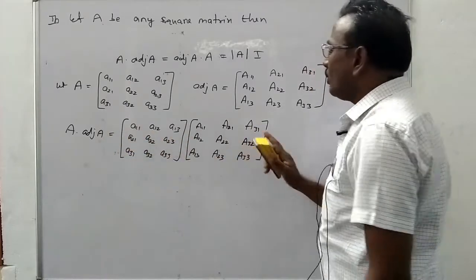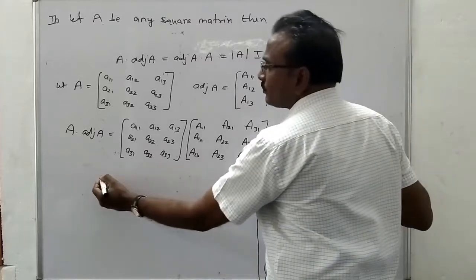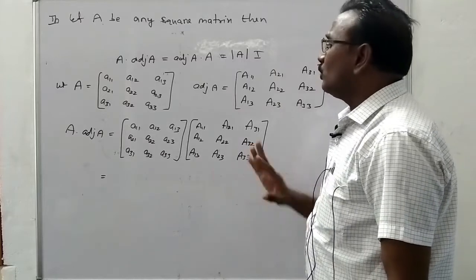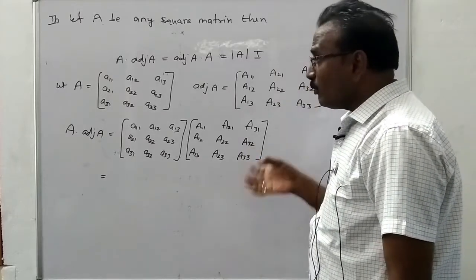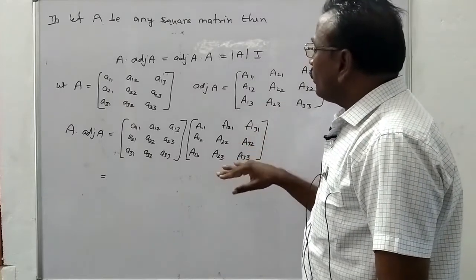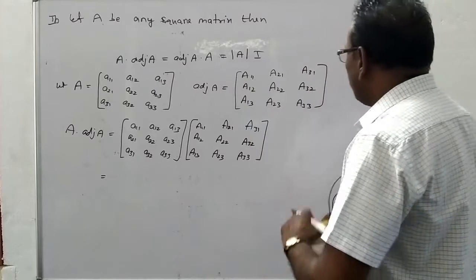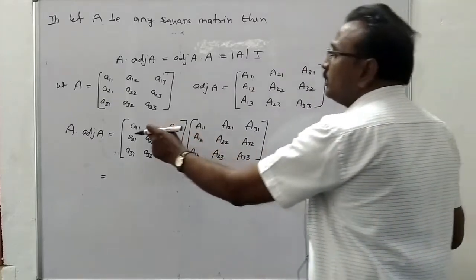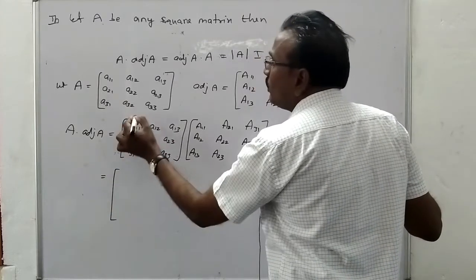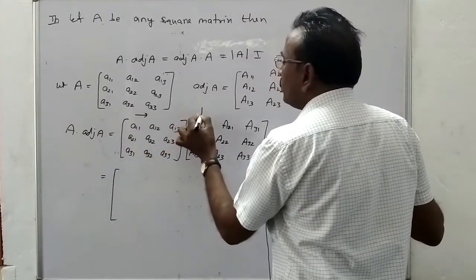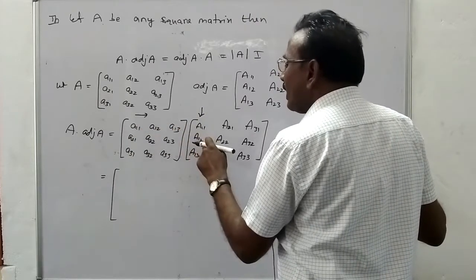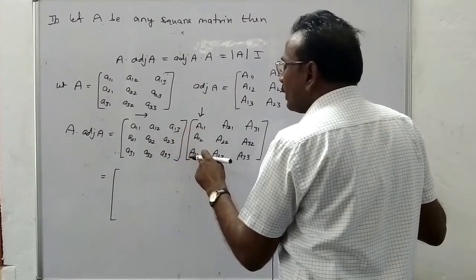So A into adjoint of matrix A. In minors and cofactors, we have one property: the sum of the product of elements of any row or column with corresponding cofactors is always the determinant of A. That is, here A11 with capital A11, so multiply the first row with the first column: A11 into capital A11 plus A12 into capital A12 plus A13 into capital A13.